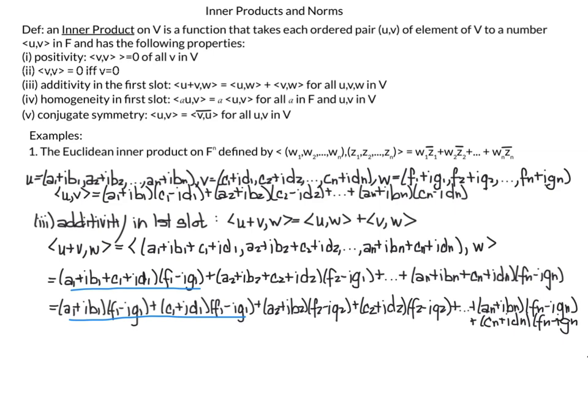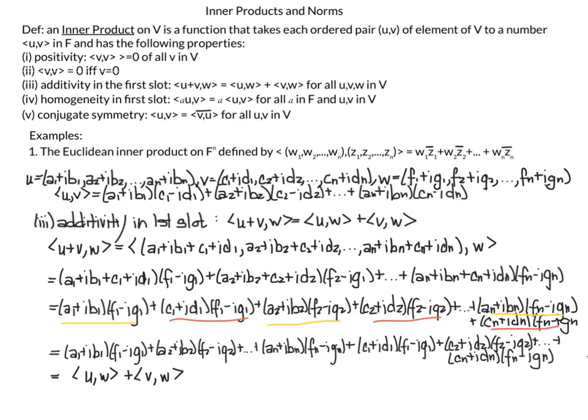I do the same for my second term. I distribute my f2 minus ig2, and I multiply it first times a2 plus ib2, and then times c2 plus id2 over here. And then finally, I do this for this last term. I multiply my fn minus ign first times an plus ibn, and then second times my cn plus idn.